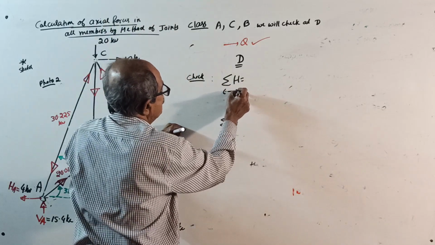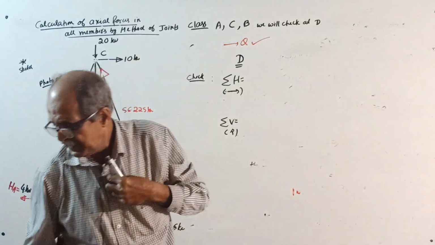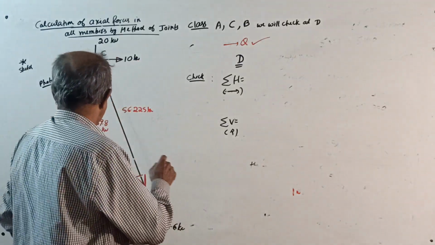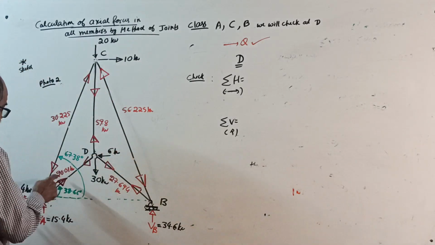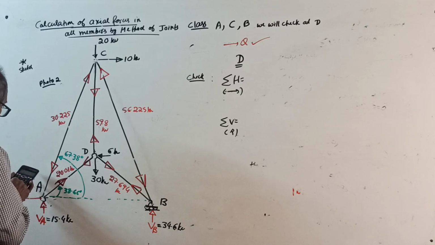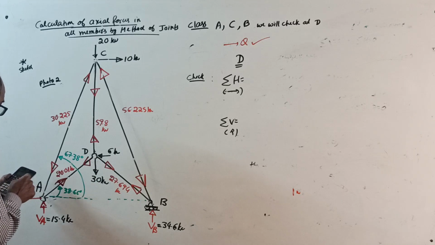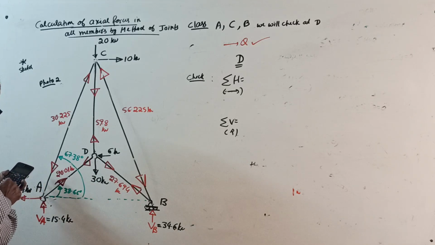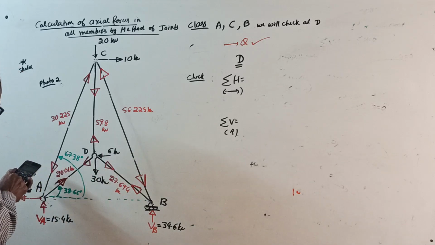I will take right side positive, upward positive. No unknown there. If I operate the calculator, I will dictate, you write. Here, sigma H: minus 20.01 into cos 38.66, plus 27.694 into cos of again 38.66, minus 6.